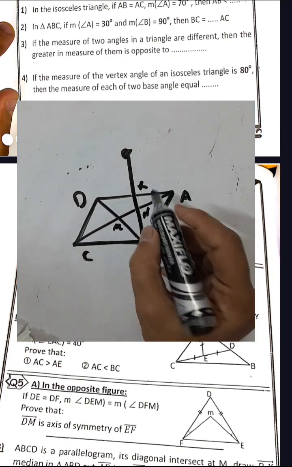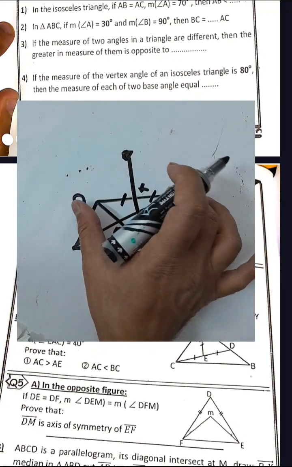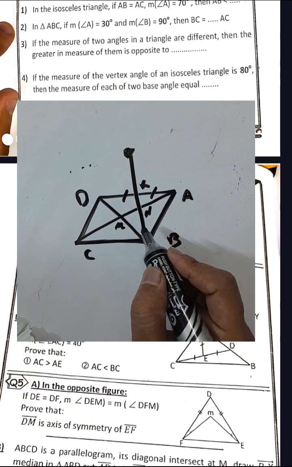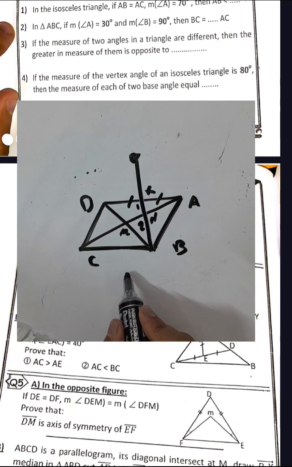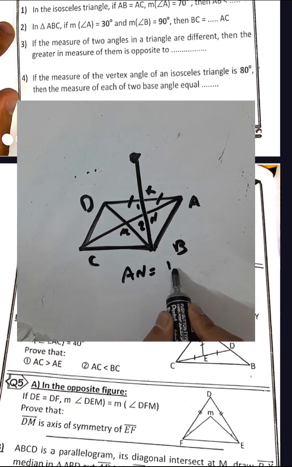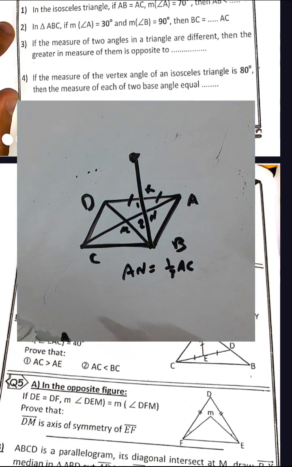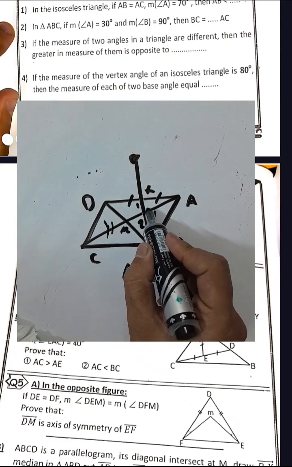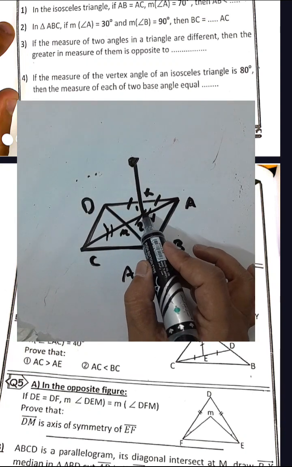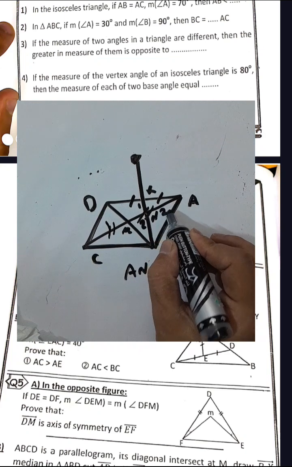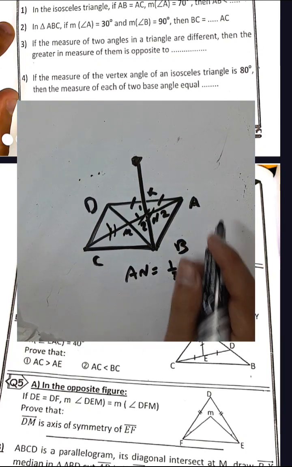Again, we have the median BX bisecting AD at X and here N. Then this part will be 1 and 2. He wants to prove that AN equals a third of AC. We have this part equal to this part, and it's the middle of this triangle intersection. Then this part will be 2 and 1.